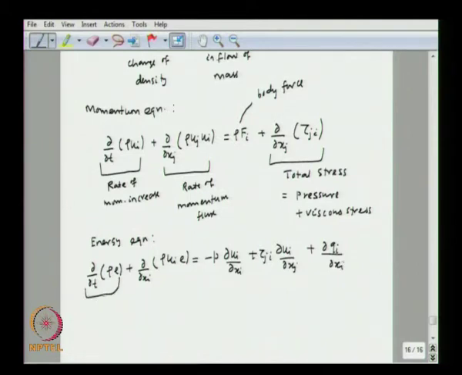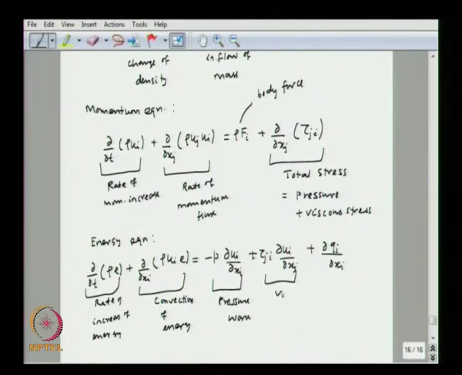So this is the rate of increase of energy, this is convection of energy, this is the pressure work, this is the viscous work, and this is the heat flow.